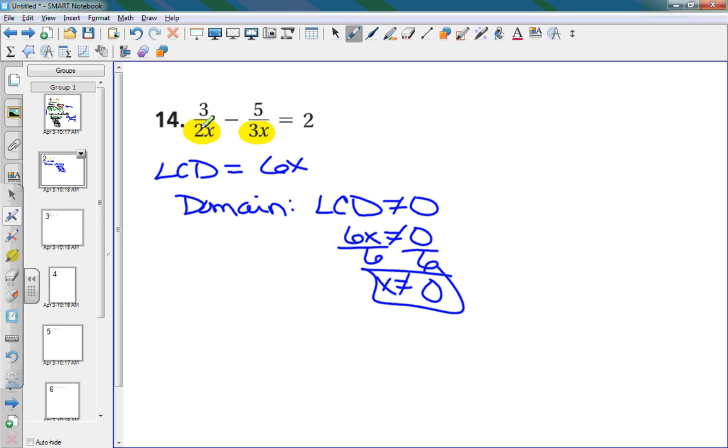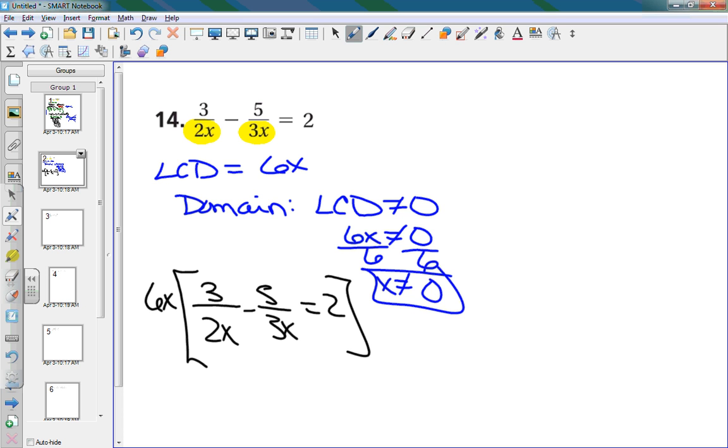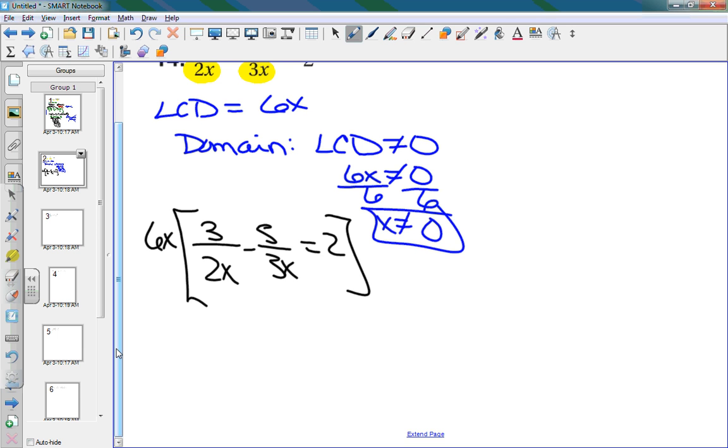Okay, now I found my LCD, I found my restrictions. How do I solve this problem? I take the entire equation and I multiply by my LCD. Now, what operation do I do first? Division, because we want to eliminate that lovely little denominator.